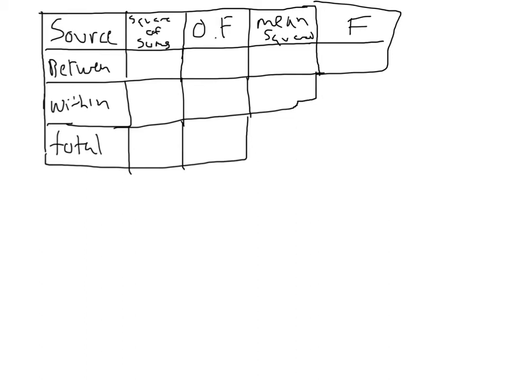And for this problem, the answers would be, for the between sources sums is 374.6, and then going down, within is 15,066.2, and then the total, you add that up, and it's 15,440.8.